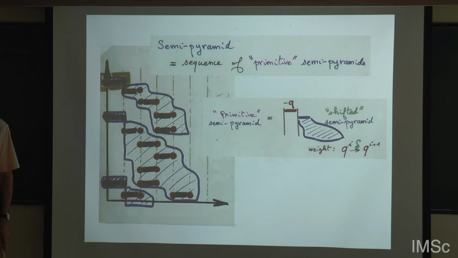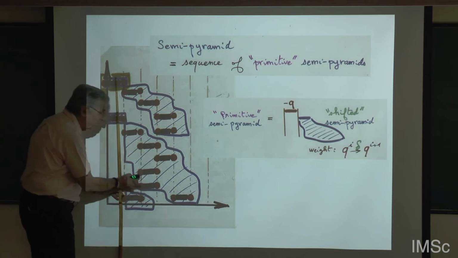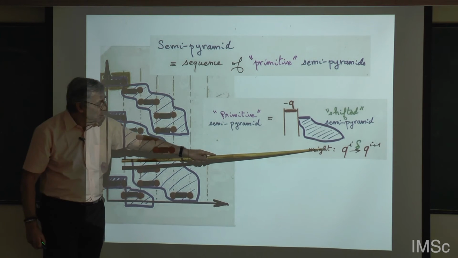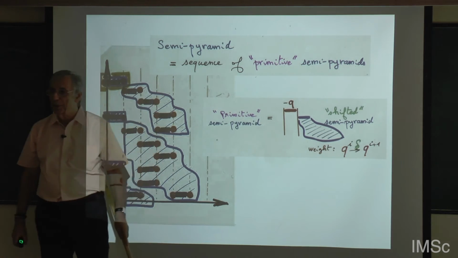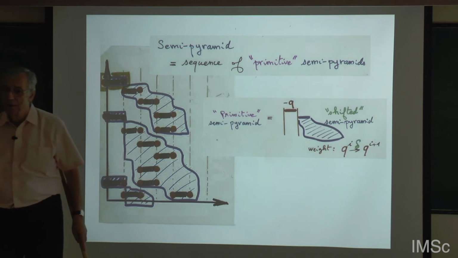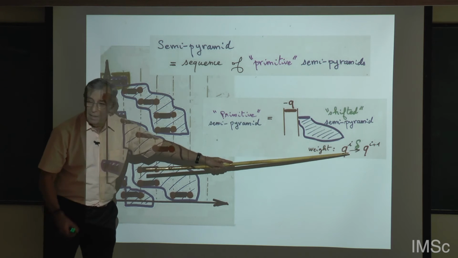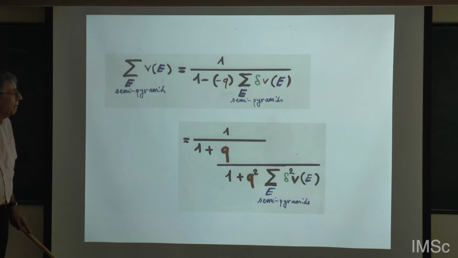But if you take this semi-pyramid, you have to shift the weight. The weight of each dimer was minus q power i. You have to shift the weight to q power i plus 1. So this is a map delta, shifting the weight, replacing q power i by q power i plus 1.